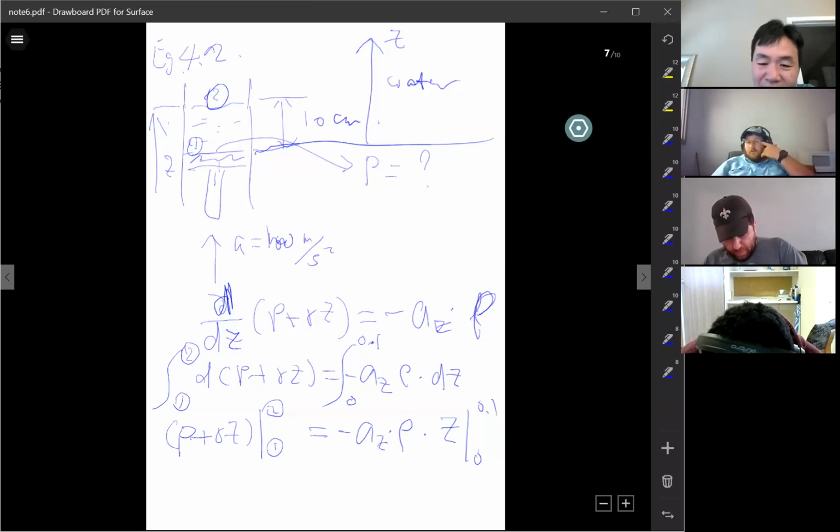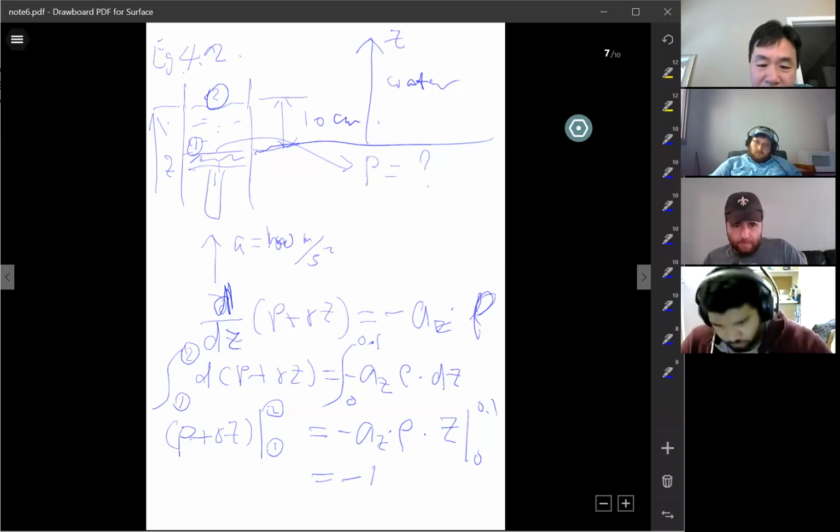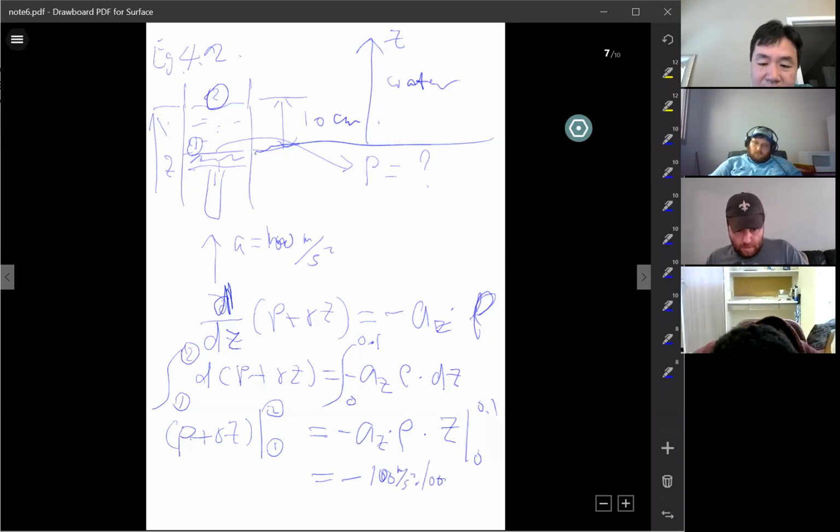So right-hand side has no problem, right? You can easily do it: the acceleration is going up, so it's positive 100 meters per second squared. Density of water is 1,000 kilograms per cubic meter. Z is 0.1 minus 0, it's just 0.1 meter.